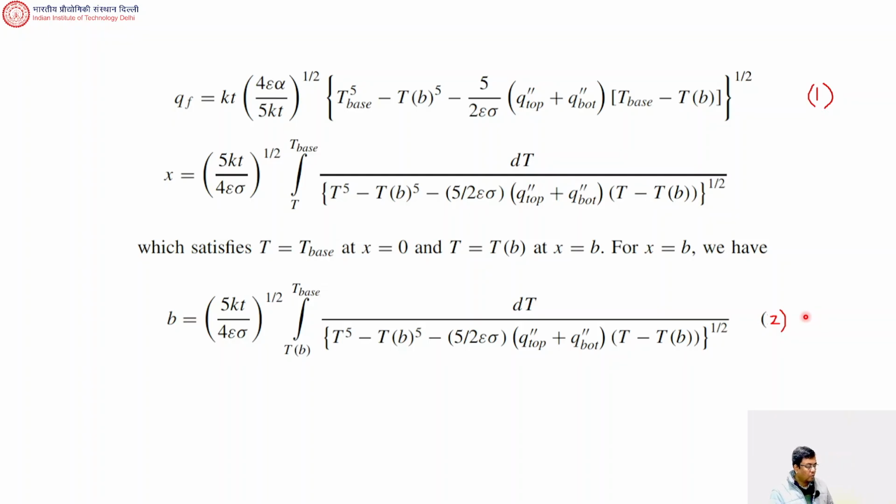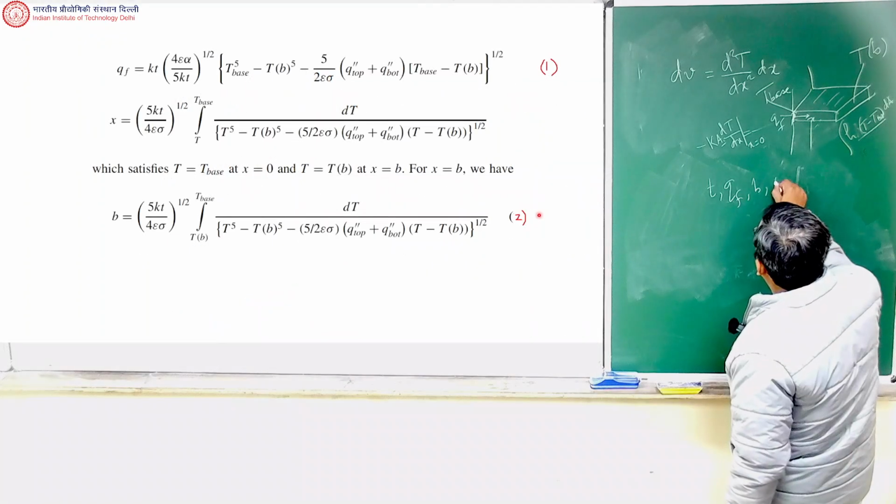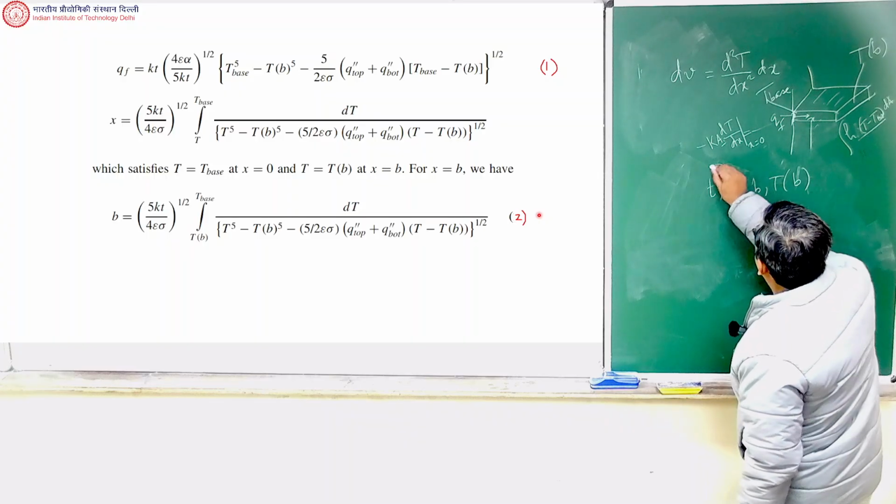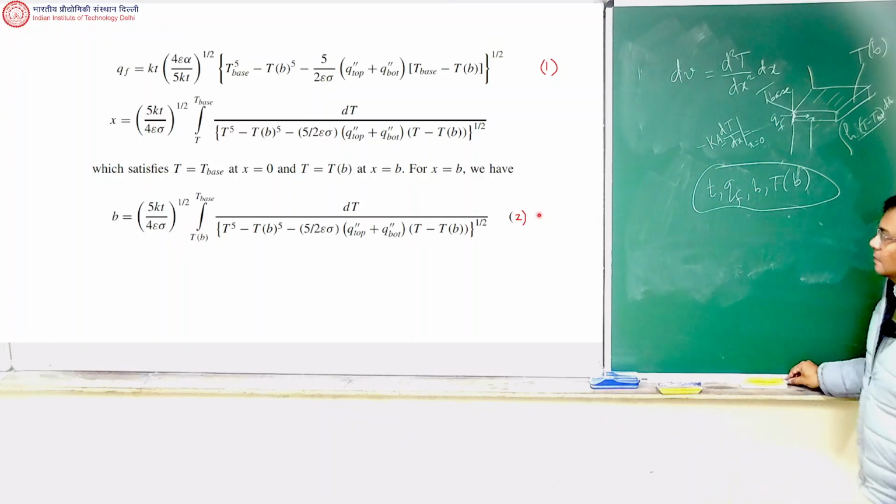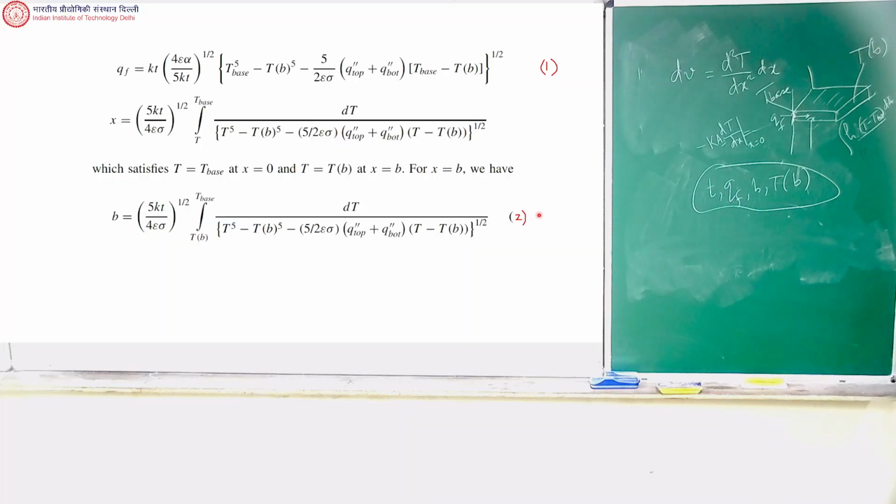If you look at these equations, they have some dependencies. They are dependent on QF, B, TB.